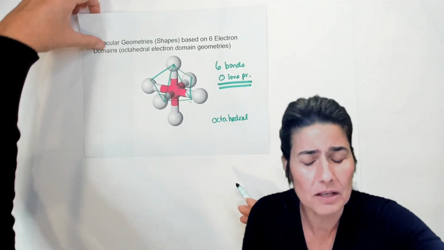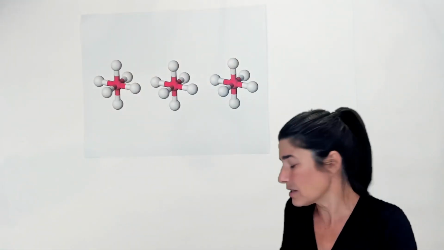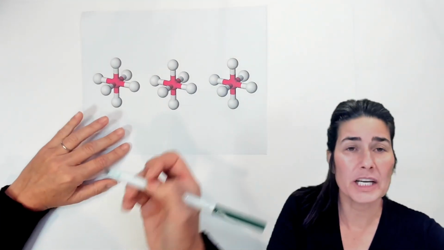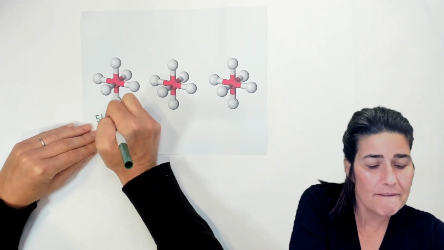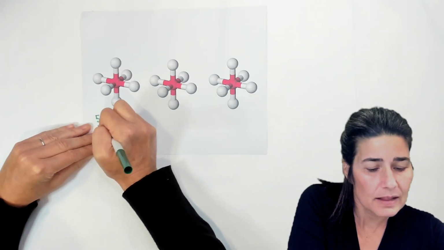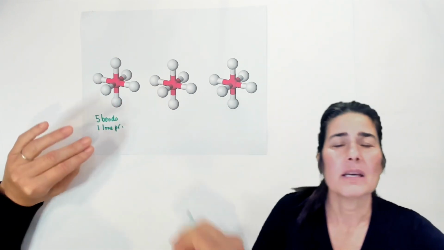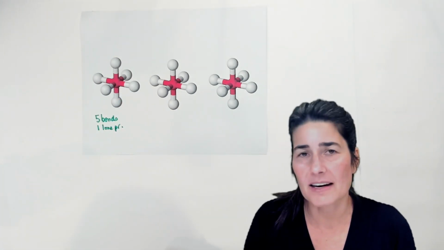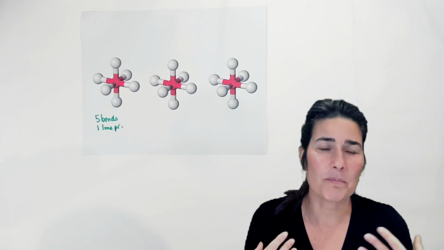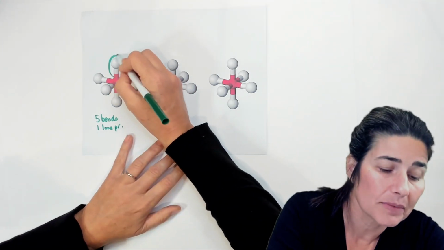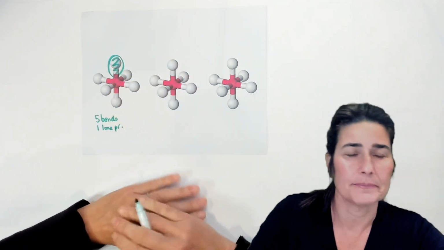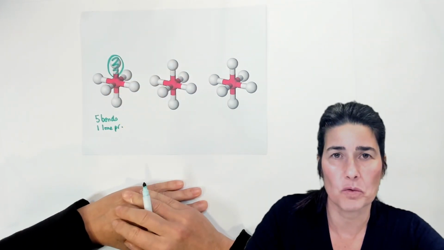So, first variation. We're going to still do 6 domains, but this will be 5 bonds and 1 lone pair. If we have 5 bonds, 1 lone pair, I'm going to stick my first lone pair wherever I want it. I'm going to go ahead and put it on the top. First lone pair goes here. Now, what is left over?